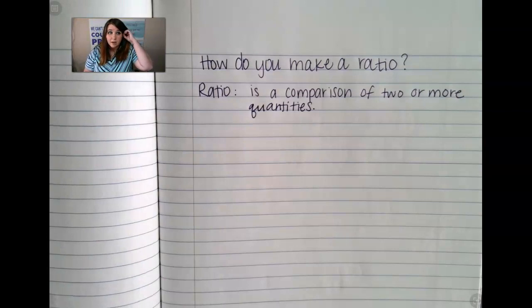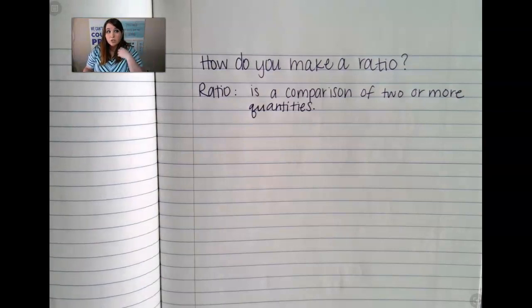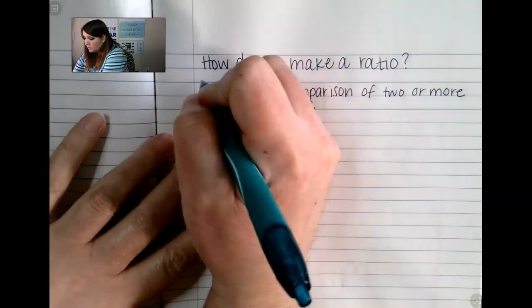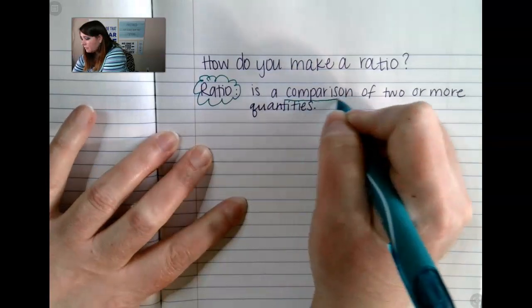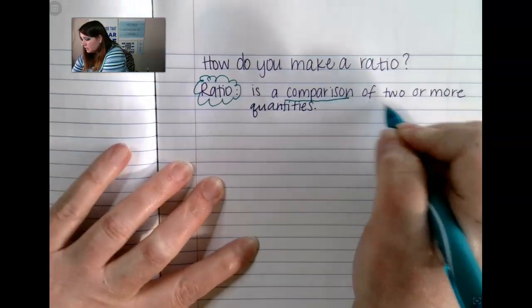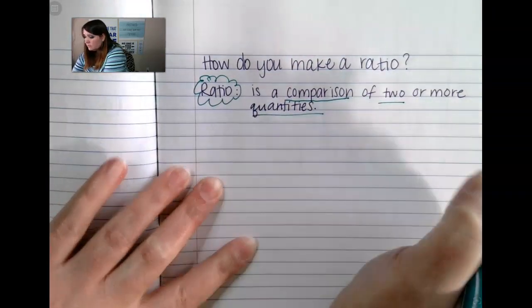Like we can compare things. So a ratio is a comparison of quantities.